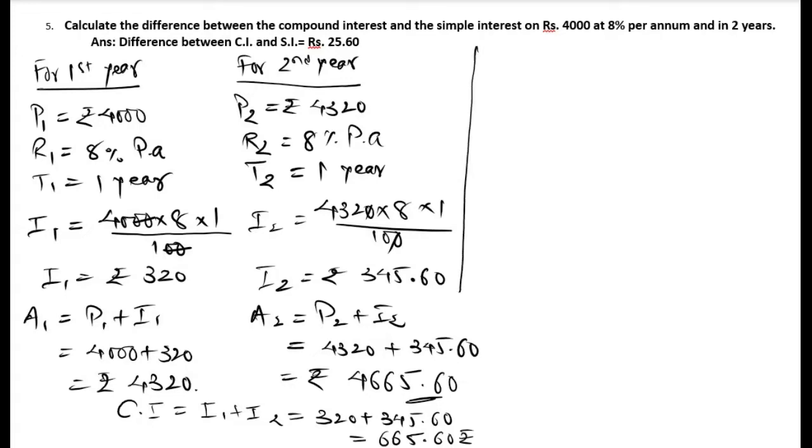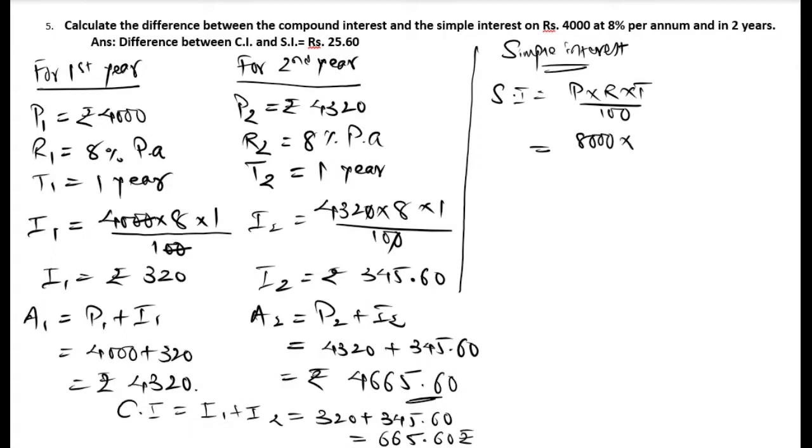Now the next part is simple interest. I'm sure you all know how to find simple interest. Simple interest is PRT upon 100. We directly take time as 2 years over here.